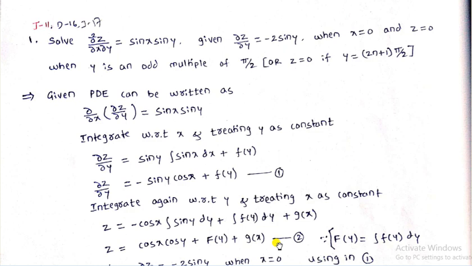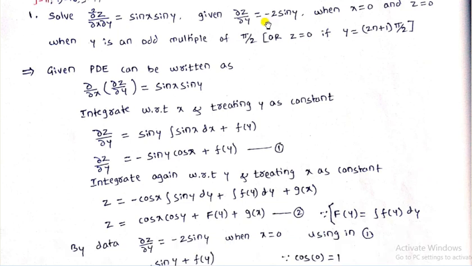Now we use the given conditions. First, dou z by dou y equal to minus 2 sin y when x is equal to 0.